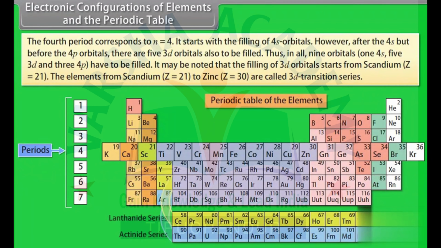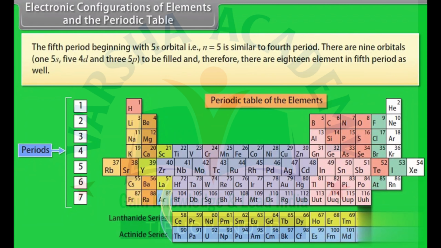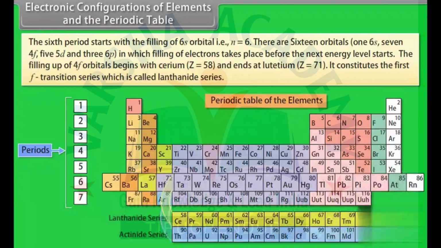The elements from scandium, atomic number 21, to zinc, atomic number 30, are called the 3d transition series. The fifth period, beginning with the 5s orbital, that is, n equals 5, is similar to the fourth period. There are 9 orbitals, 1 5s, 5 4d and 3 5p, to be filled, and therefore there are 18 elements in the fifth period as well. The sixth period starts with the filling of the 6s orbital, that is, n equals 6.